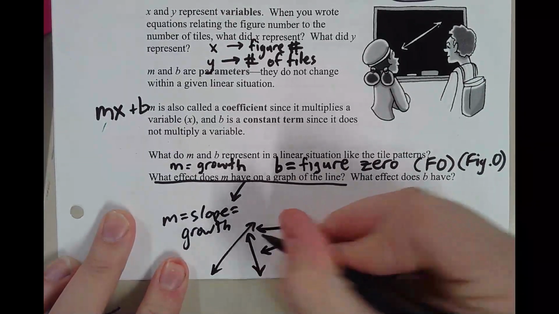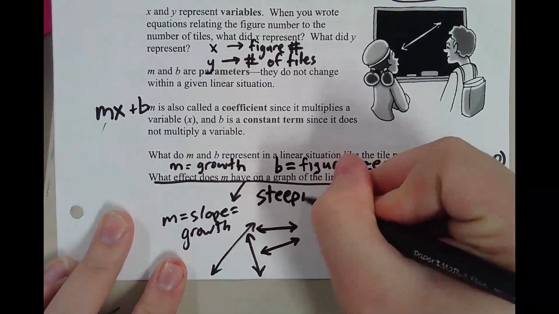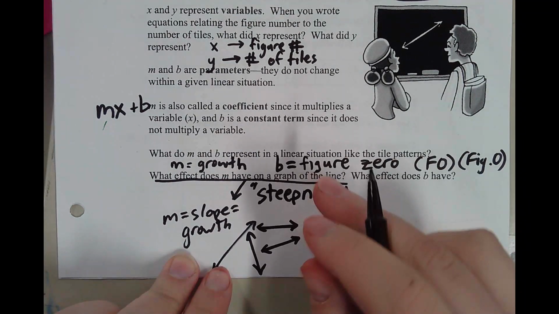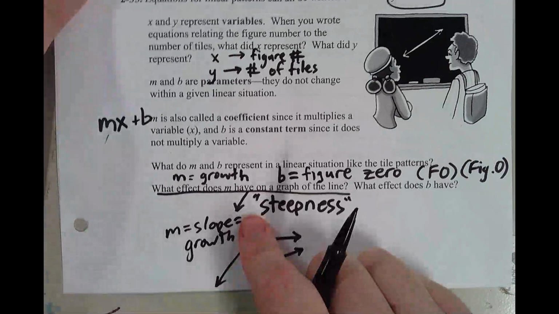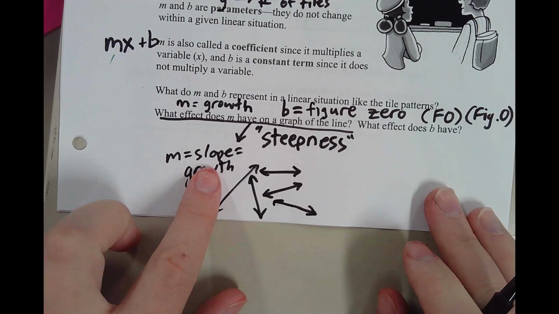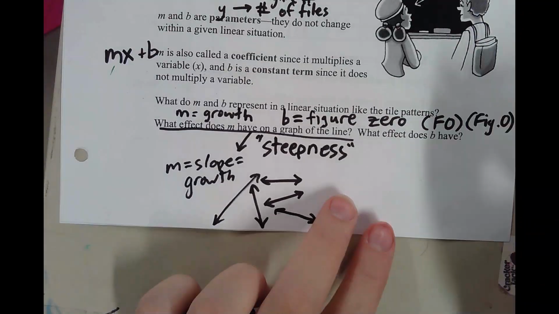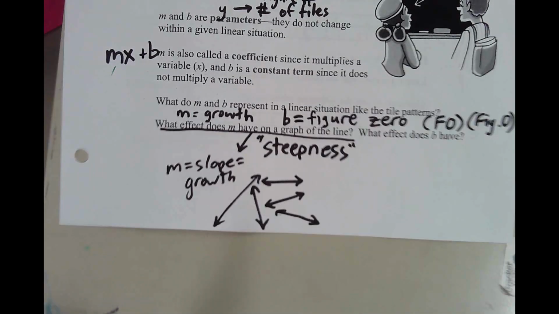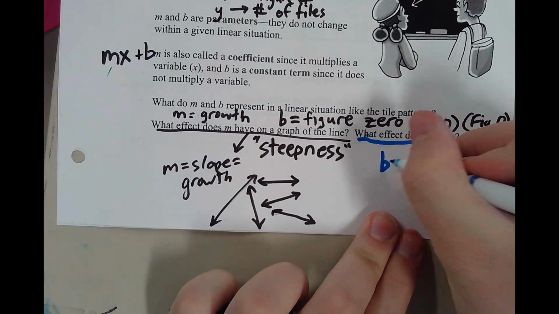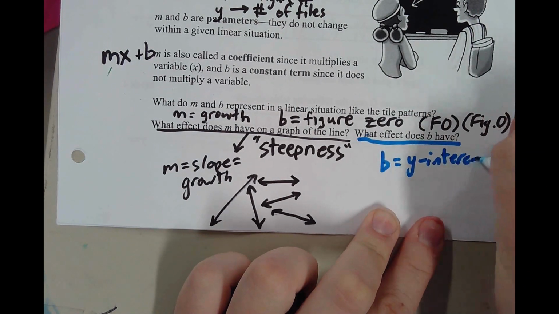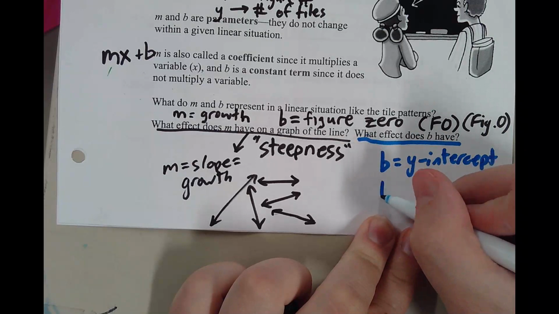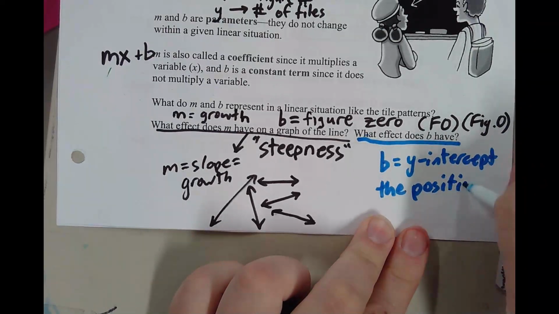It changes the y-intercept. So it affects the position of the line.